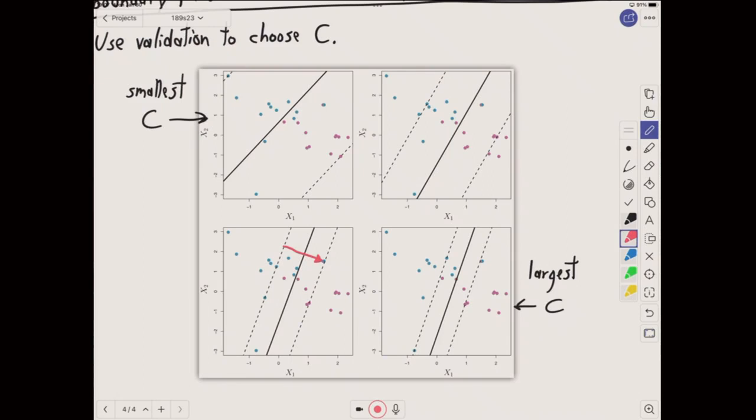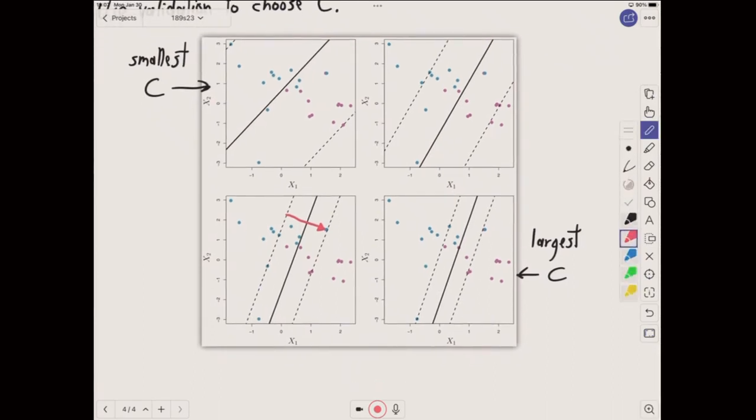If the regularization parameter C is small, like at upper left, we're willing to have lots of violations. And you can see there's lots of violations of that margin, but we get a wider margin. If C is big, like at the lower right, it means we're cheap. We don't want to pay much for violations, even though we'll suffer a narrower margin. And let me add that in the extreme case where C goes to infinity, essentially what you're going to have is that your soft margin machine approaches behaving like a hard margin SVM.